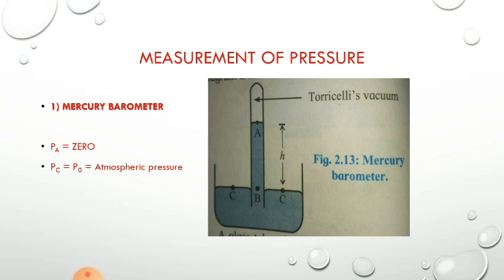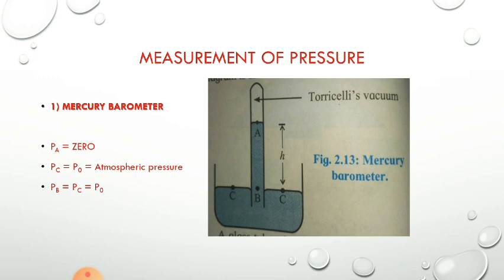As points B and C are at the same horizontal level, the pressure at B is also equal to the atmospheric pressure P0. Hence, we have Pb equal to Pc equal to P0.